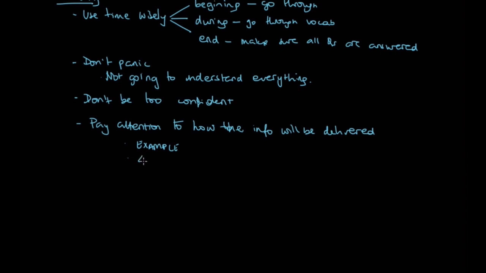If they're saying question 4, part 1, you will be given all the information in part 1. If they say question 4A, you will only be given the information that you need to answer A. If they say question 4, you will be given all the information. So make sure that before the recording starts, you know how much information is going to be given, to avoid, as it happens every year, all the information being given when you thought that only part A was going to be given. Then you have to rely only on the second playing to answer all those questions. So do pay a lot of attention to that.